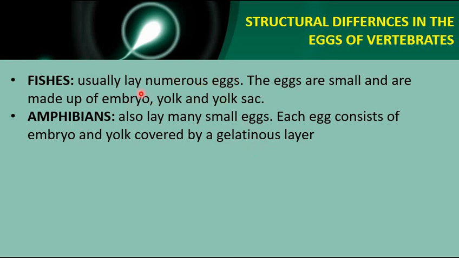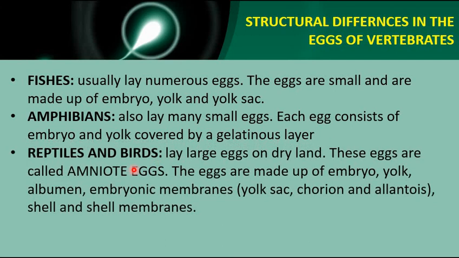When we go to the reptiles and birds, they lay large eggs on dry land. There's an advancement now because these animals are living on land and they have developed structures that will enable their eggs to survive. These eggs are what we call amniotic eggs or amniotes.